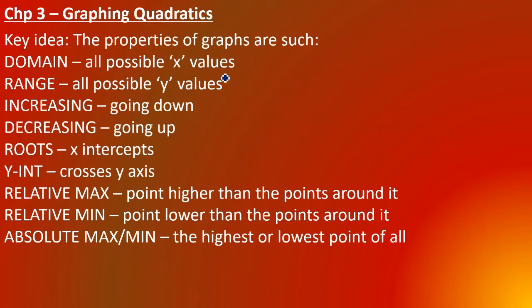Domain, possible x values. This is whatever x is allowed to be. So when we look at our graph, we're looking horizontally to see where the graph would plot over the x values. We do need to watch out for the arrows at the ends of graphs, so that means that the pattern continues.